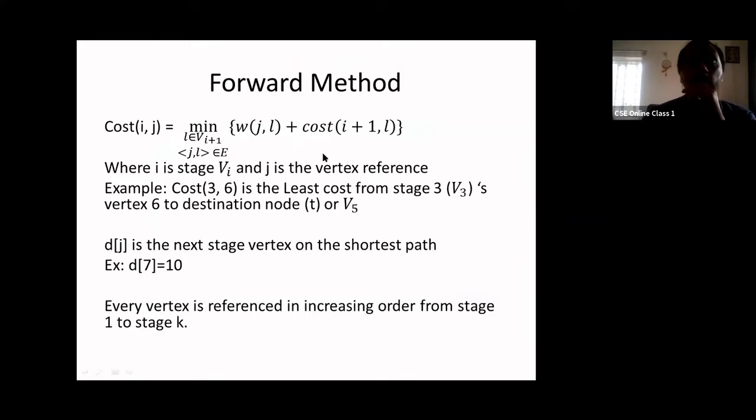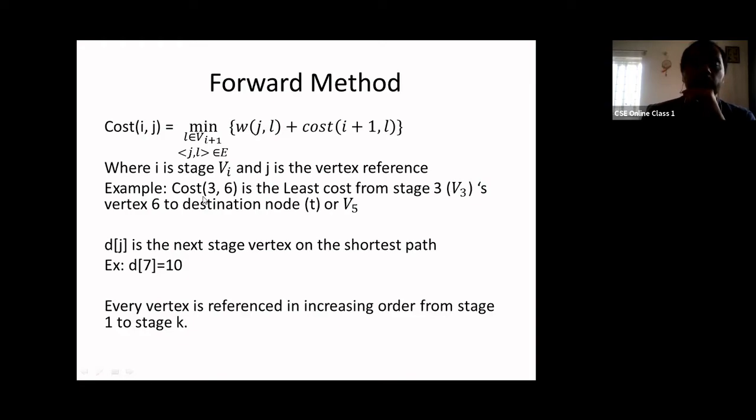So we need to find out this cost. Likewise, we keep on finding, we start with the sink, then keep on moving one stage behind. We take the forward calculated values, move to the previous stage, then calculate the previous stage's values. So we keep on taking the help of forward stage values every time to find out the shortest path from that vertex of that stage to the next one.